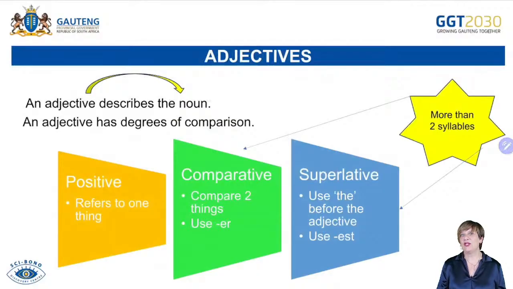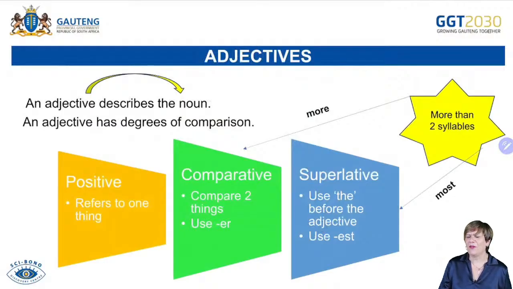The moment you recognize that your word has more than 2 syllables, you're going to use "more" in the comparative degree of comparison, or you're going to use "most" in the superlative one. It's as easy as that. That's the rule. So make sure you're able to look very carefully at the word that's given to you. Obviously, we're going to make it a little bit more difficult in the exam, so please be on the lookout for these ones. And that's the adjective.